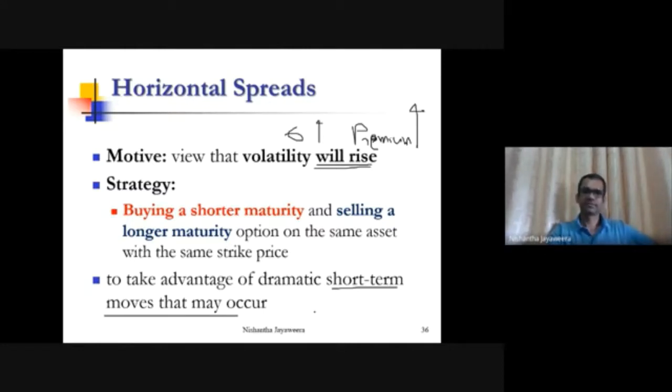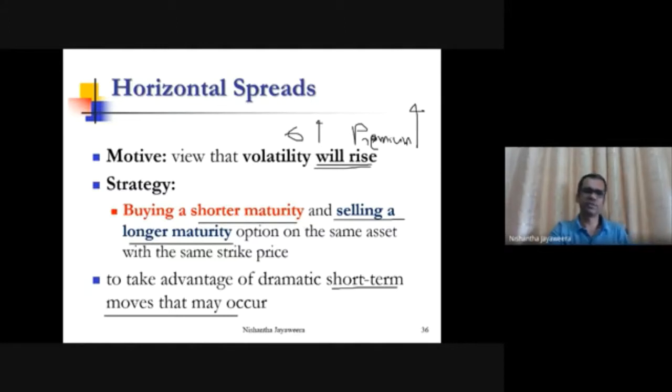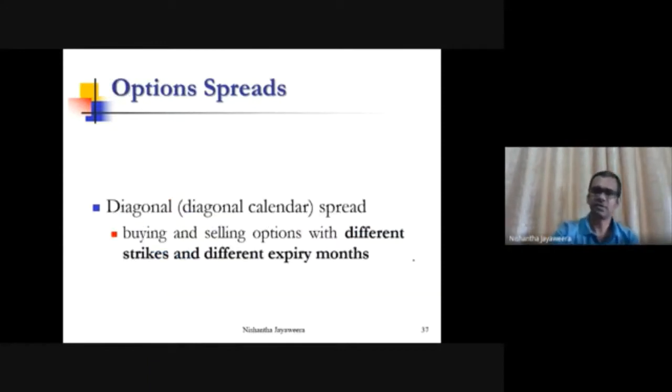That's what happened. So that's why you sell a longer maturity and buy a shorter maturity. So when you buy the shorter maturity and its price increases drastically, while the long maturity price increases by a small amount, that difference would be positive for you. That is the strategy in a horizontal spread.